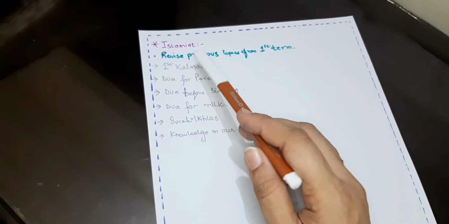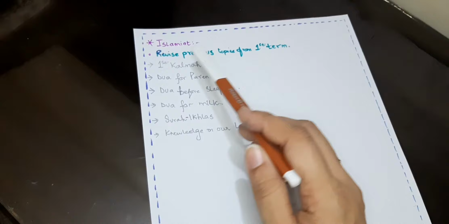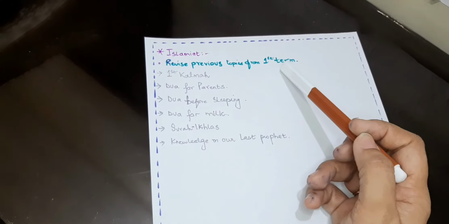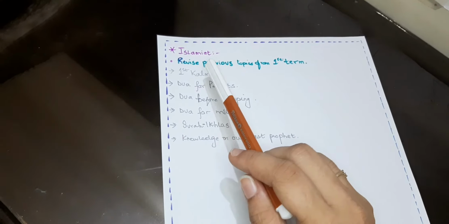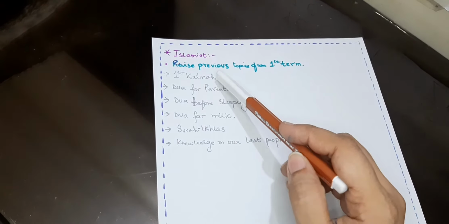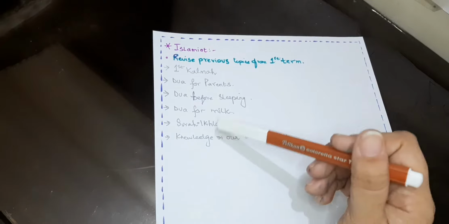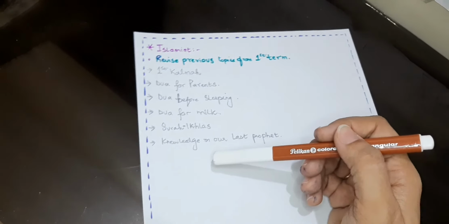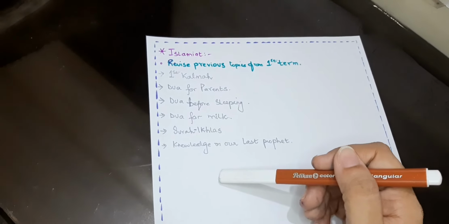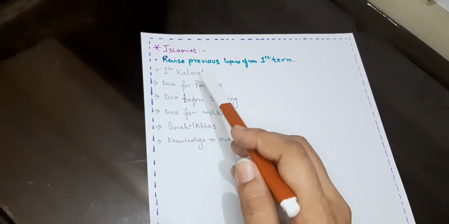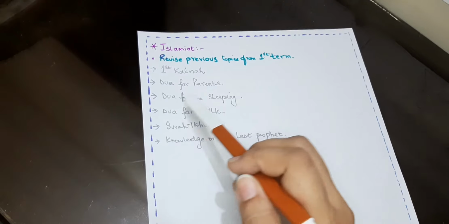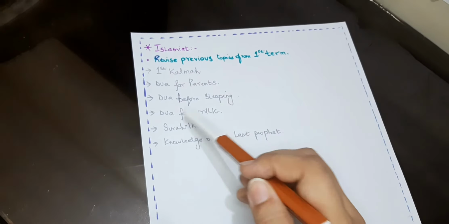Okay, so let's move on to the last topic, that is Islamiyat. They have to revise the previous topic from first term. You can go check out the syllabus. Make sure that as it's Arabic, so they have to recall the topics along with the final term. Okay, so in the final term we have added first kalma, dua for parents, dua before sleeping, dua for milk.